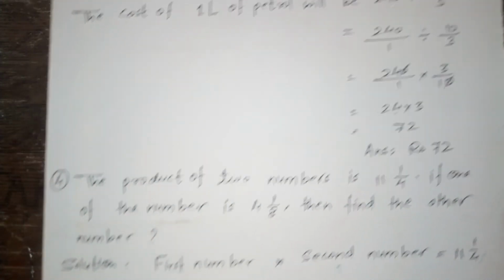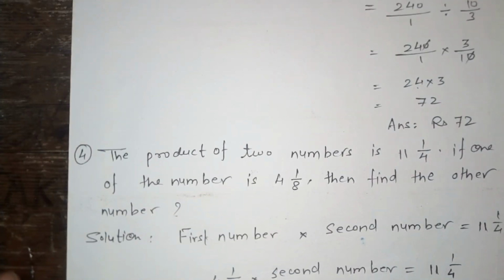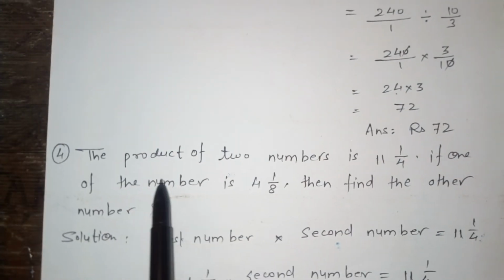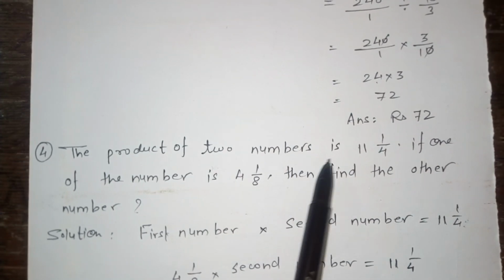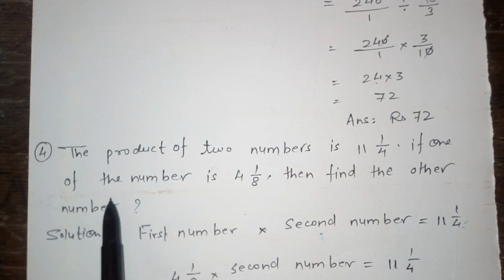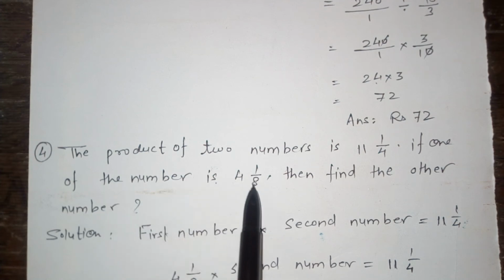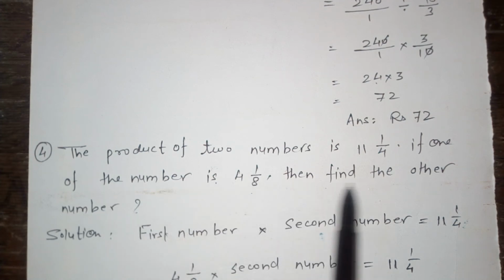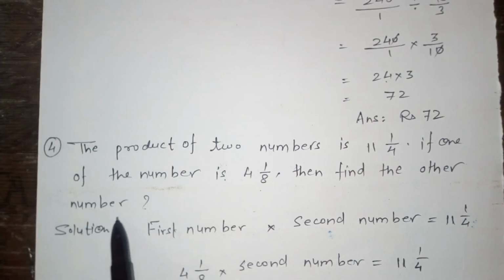Okay. My dear student, your next question is, the product of two numbers is 11 and 1 upon 4. If one of the numbers is 4 and 1 upon 8, then find the other number. So what will you do?